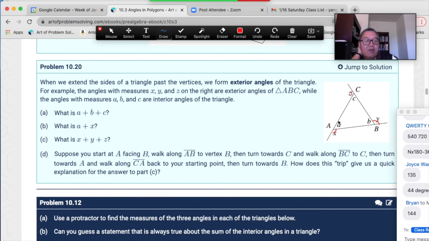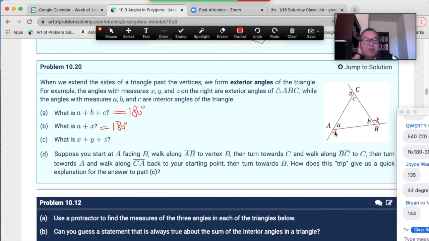The sum of interior angles in this triangle, definitely we know equals 180 degrees, right? Then what is A plus X? A plus X also equals 180 degrees because CA is a straight line, so they form a straight angle here.